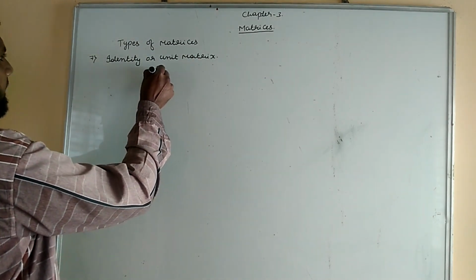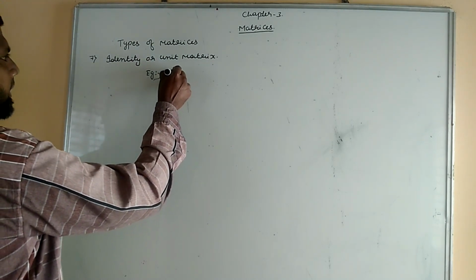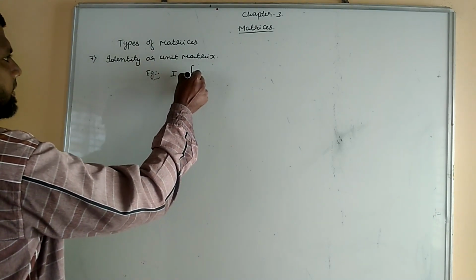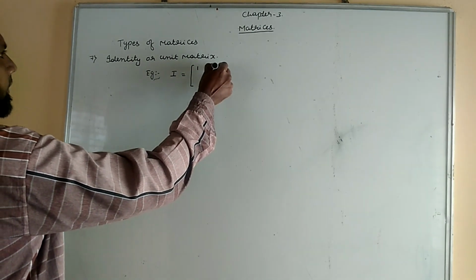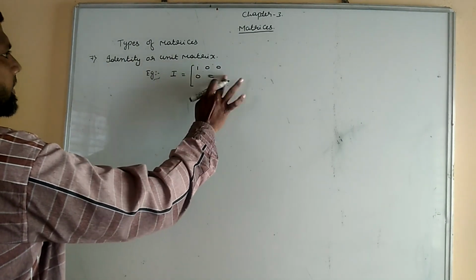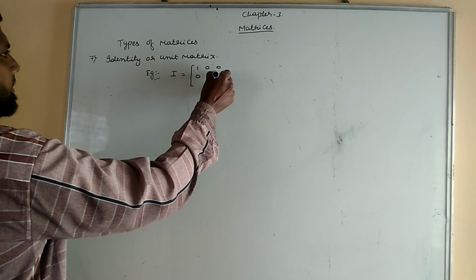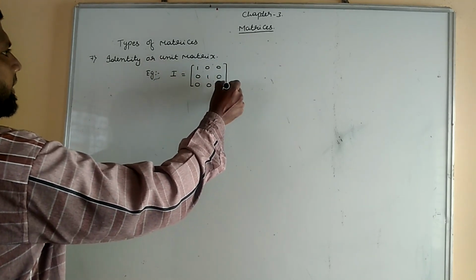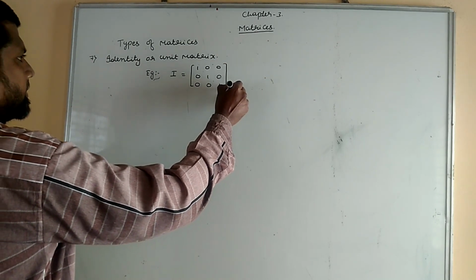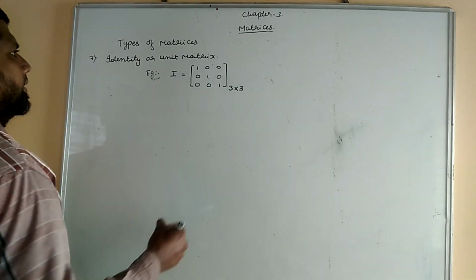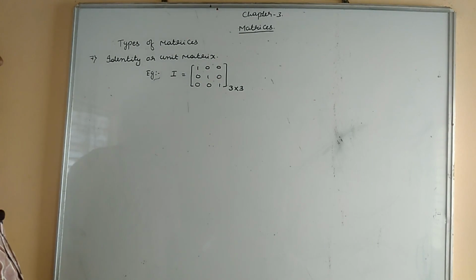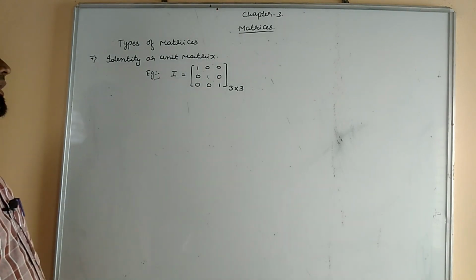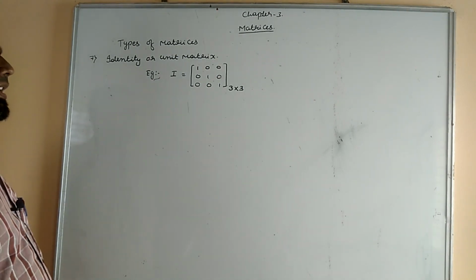Example of the unit matrix, it is denoted by I: 1 0 0, 0 1 0, 0 0 1. This is the identity matrix. It has 3 rows and 3 columns. It is also a square matrix. It is also a diagonal matrix, and it is said to be a scalar matrix.